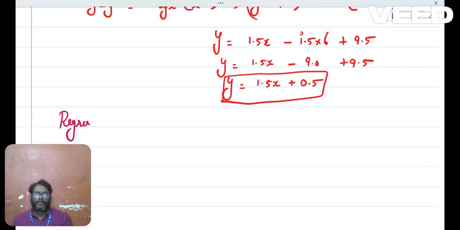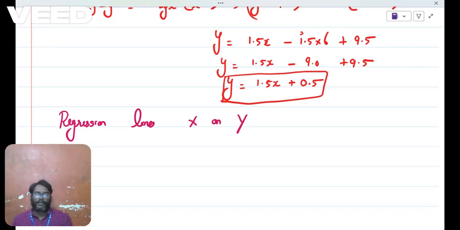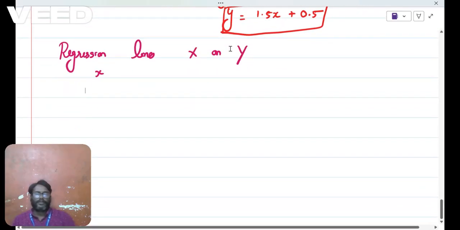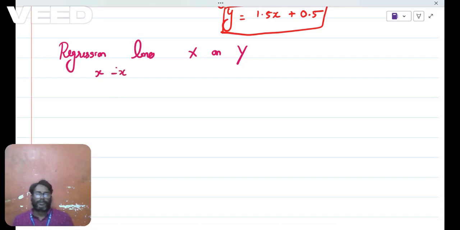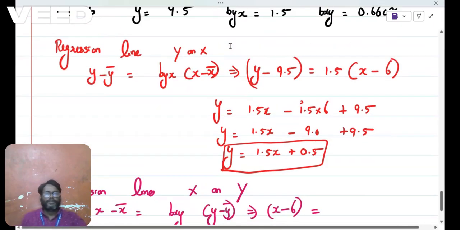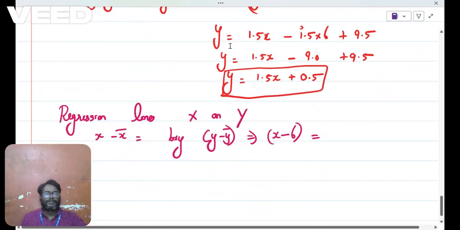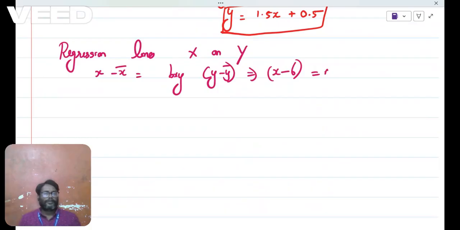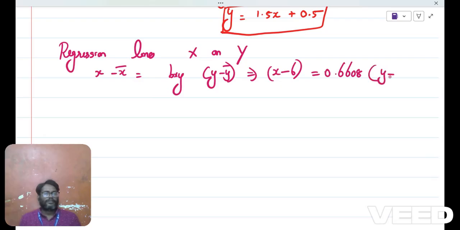So the regression line x on y will be x minus x bar is equal to b of xy into y minus y bar. So this implies x minus 6 is equal to, and b of xy is 0.6608, so 0.6608 into y minus y bar.